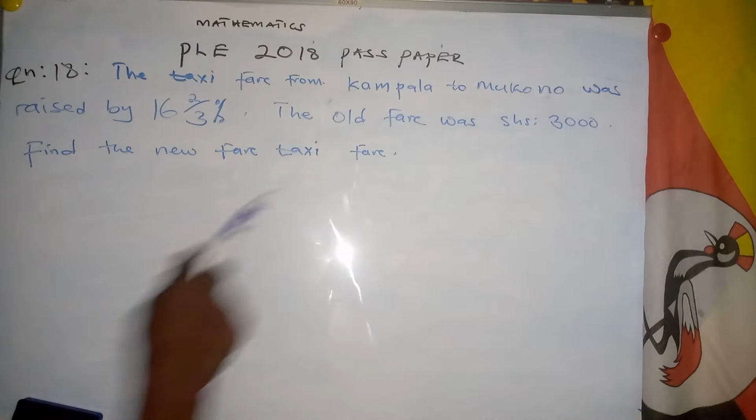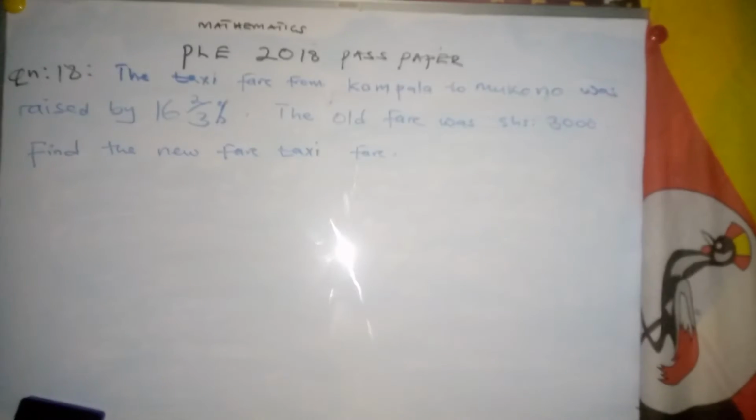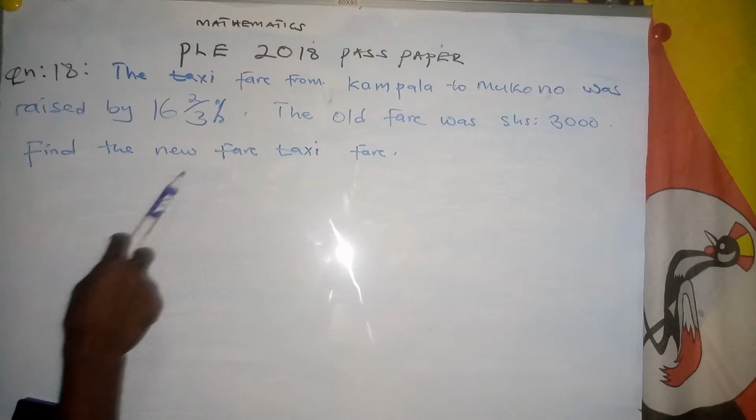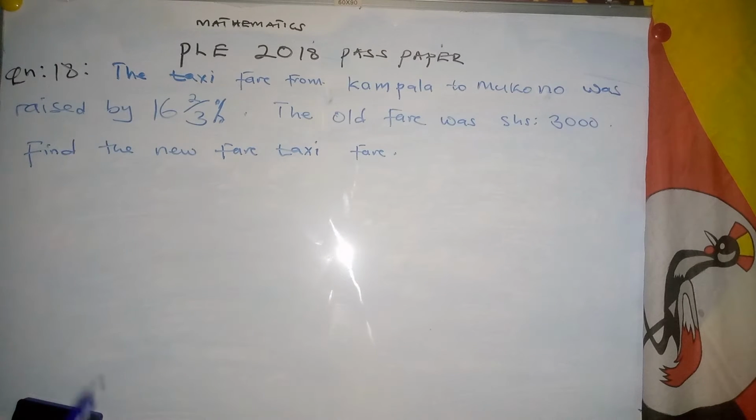The old fare was 3,000 shillings. Find the new taxi fare. This question is about the increase in the money. They are talking about increasing the money.